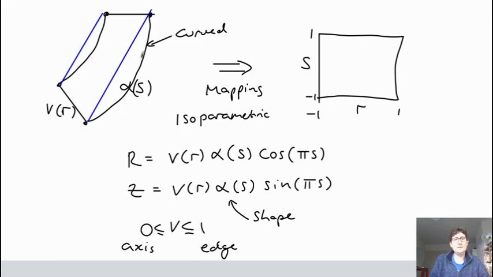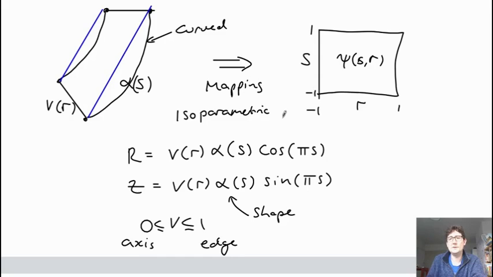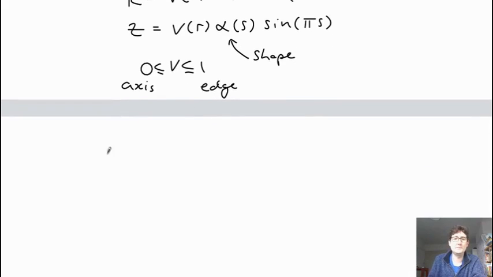So we have a way of taking each cell, putting it through a map to get from the shapes into a unit or a standard square domain, and then inside this domain we have a solution psi, which is a function of s and r. And this solution psi we write as a combination of basis functions.